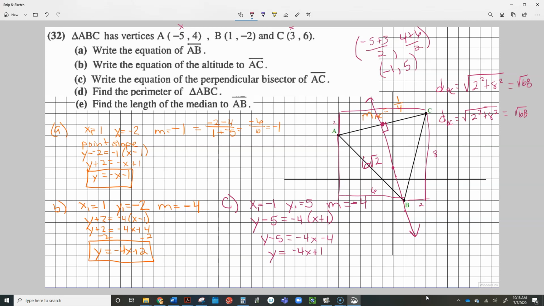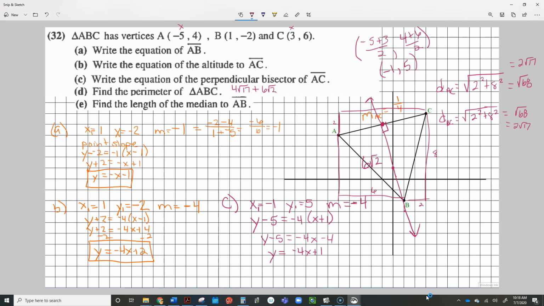Let me see if that simplifies. The square root of 68 is 2 square roots of 17. So the perimeter is going to be 2 square roots of 17 plus 2 square roots of 17 plus 6 square roots of 2. So the perimeter is 4 square roots of 17 plus 6 square roots of 2.